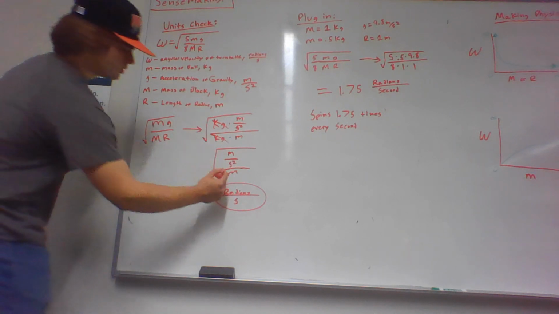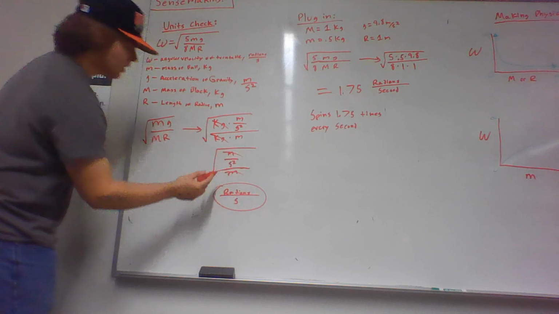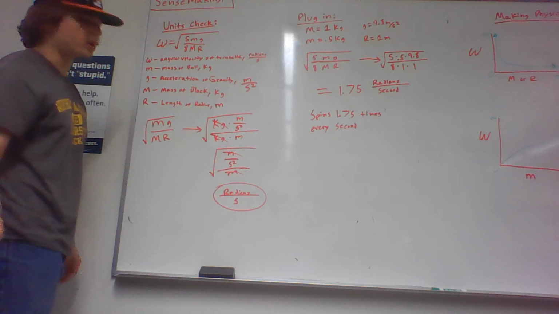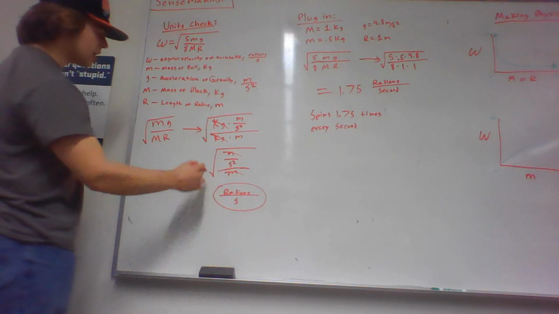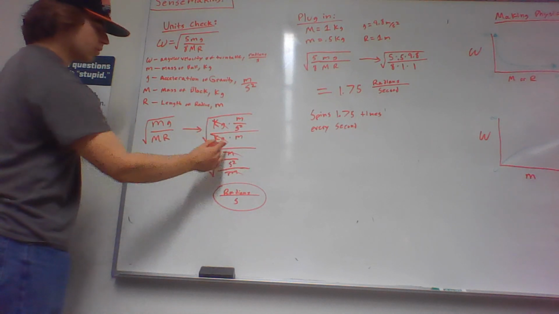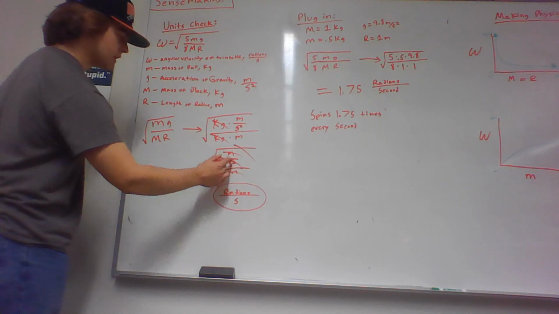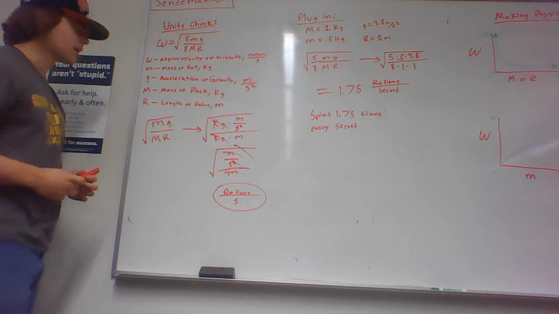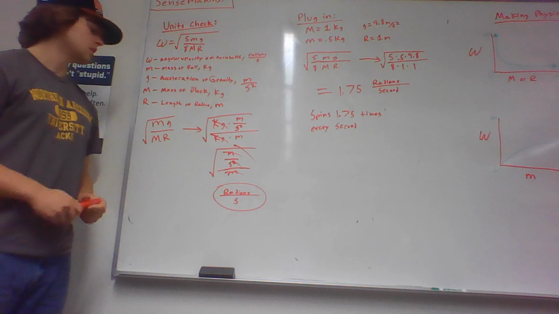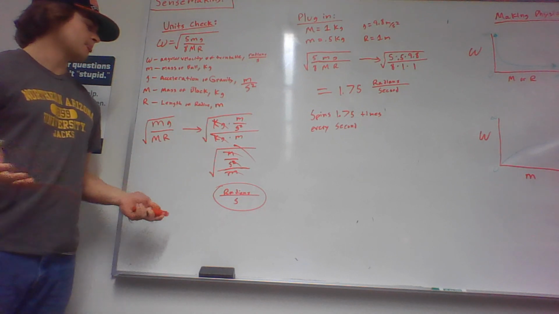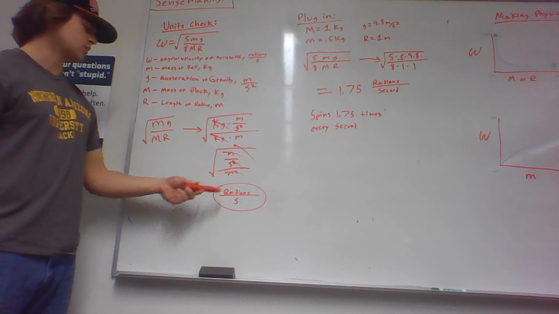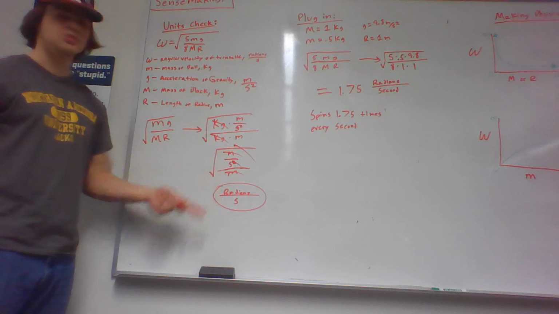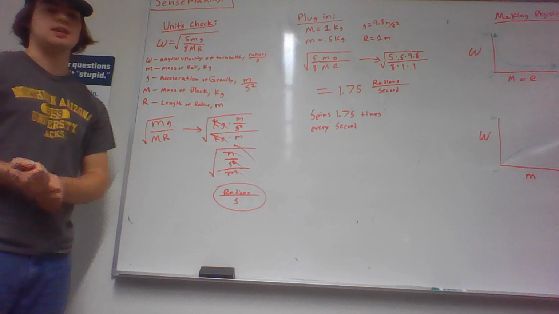And then we need to cross out our m's. So we now have no m's, it's just seconds divided by nothing squared. And we have that in the square root. We can cross out the square root and we can cross out the squared right there, which will give us radians per seconds. The reason why we switch from meters to radians, even though we lose out on meters, is because radians is technically unitless.